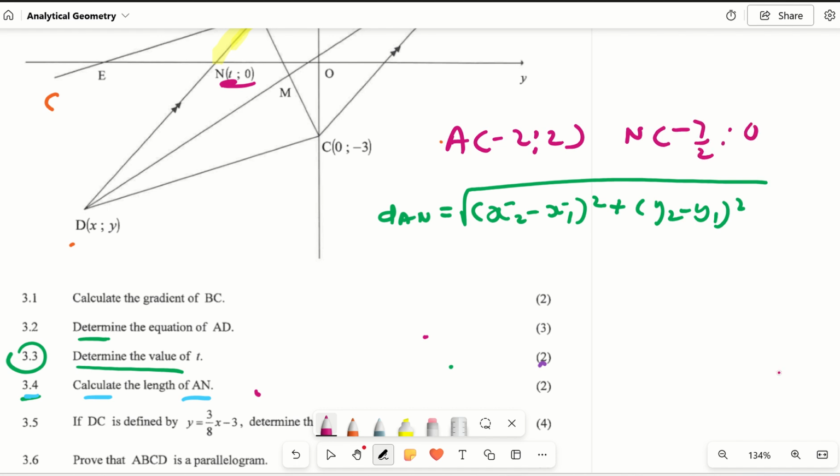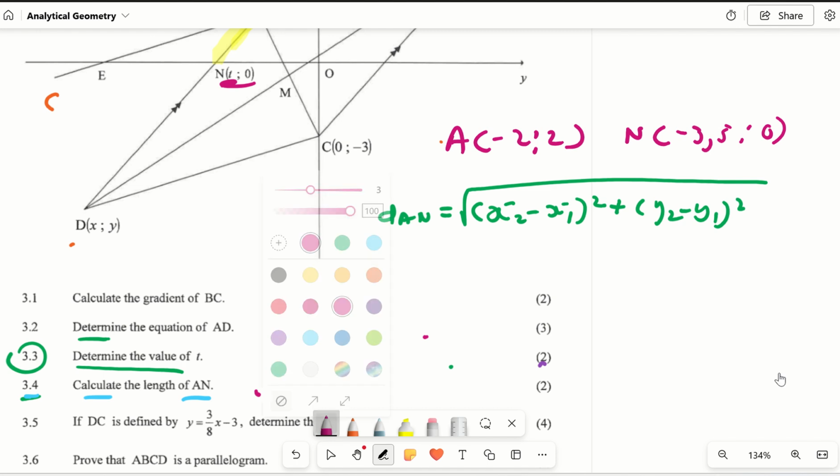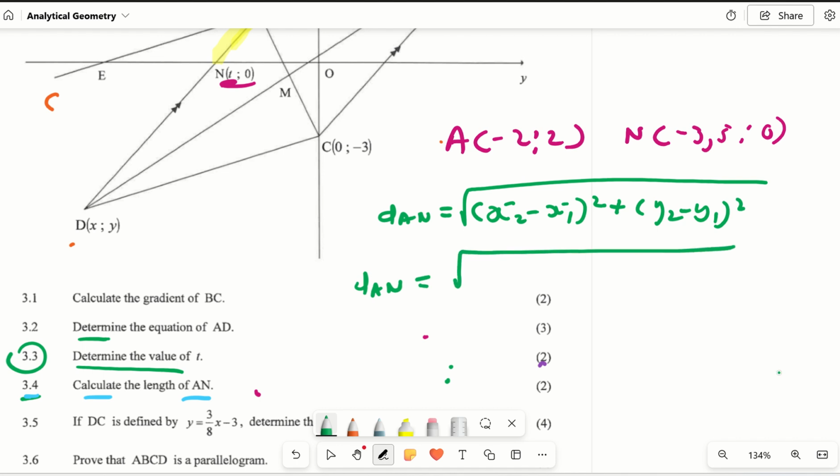Minus 7 over 2 is the same as minus 3.5. Are we together? It makes your calculations or substitution easier. Let's take x1, y1, x2, y2, whichever one.